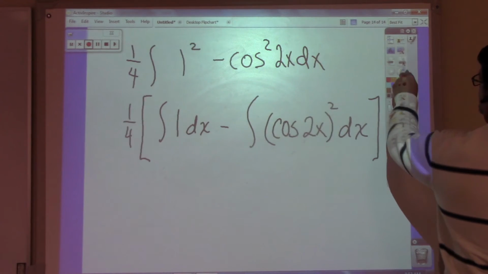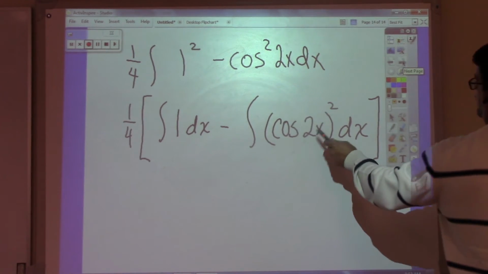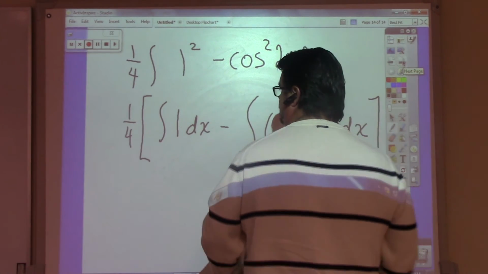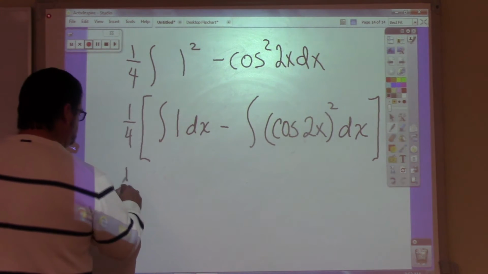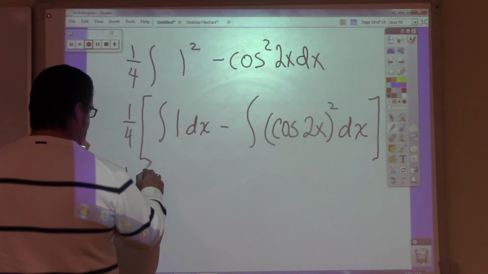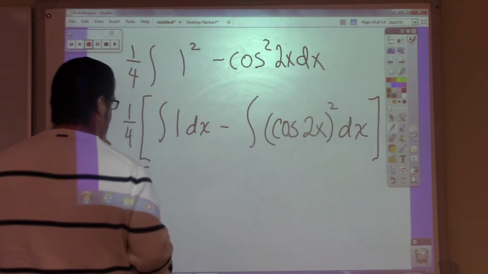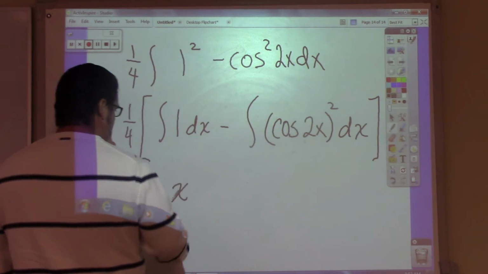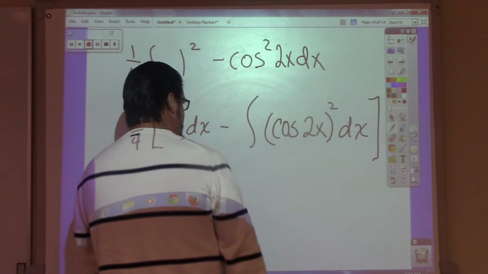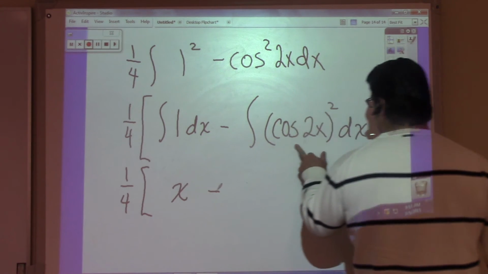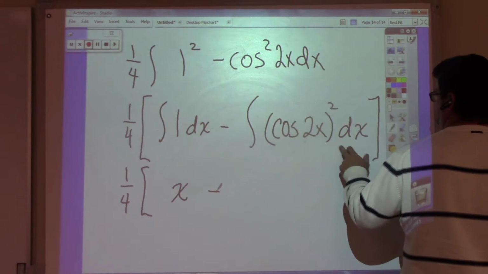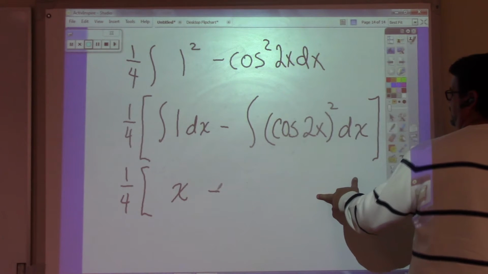And that would be 1/4. And we know that the antiderivative of dx is x minus, and that's going to give us 1 plus cosine of 4x over 2.